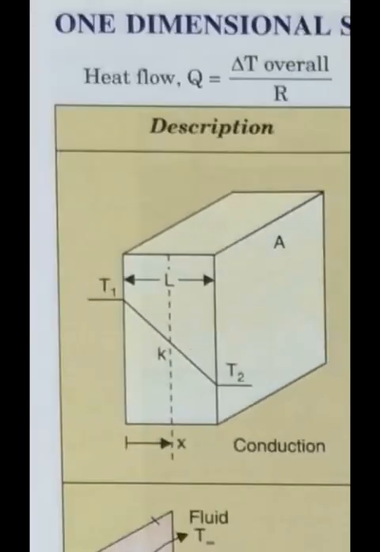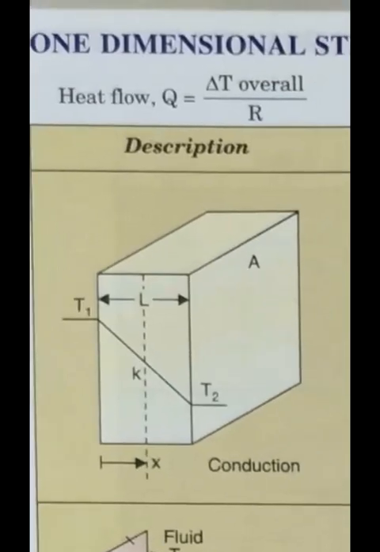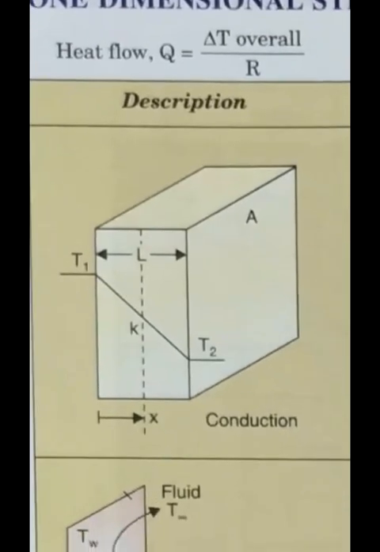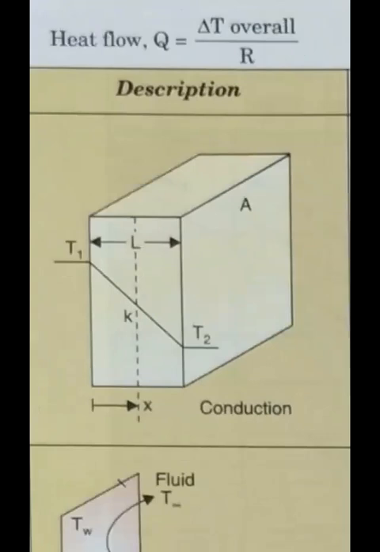Okay. Now, as you can see here, at the very top of this page, heat flow is given by Q is equal to delta T overall divided by R. So there is an expression. Heat flow Q is equal to delta T overall divided by R, right? So in this diagram, what is the value of delta T? Tell me, what is delta T?